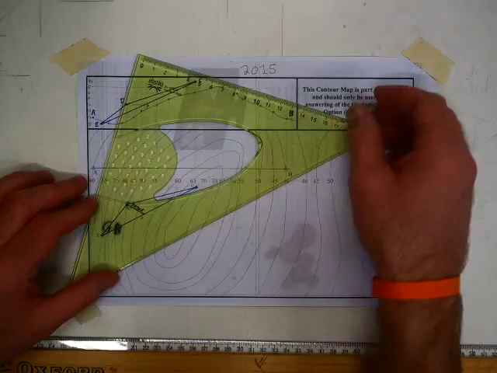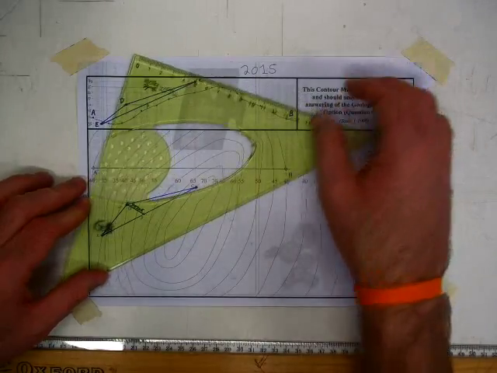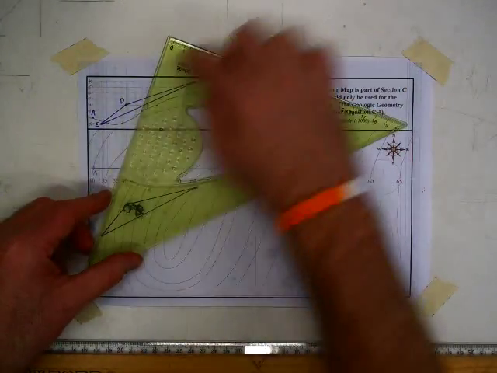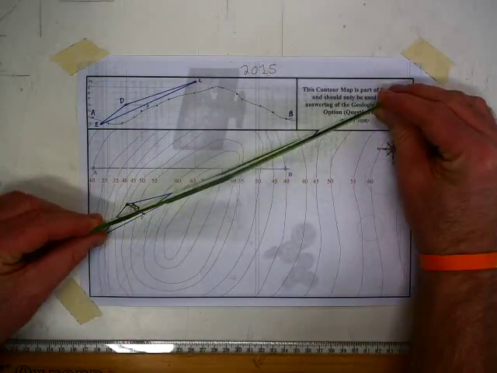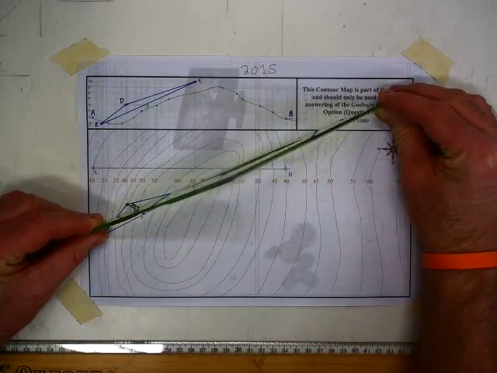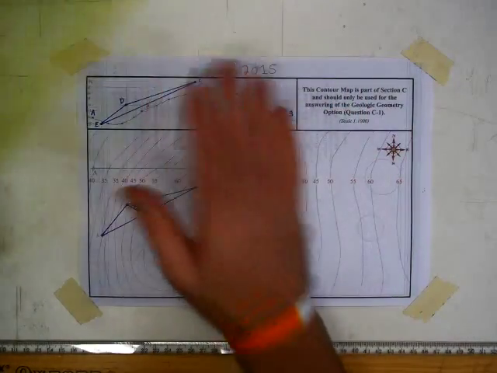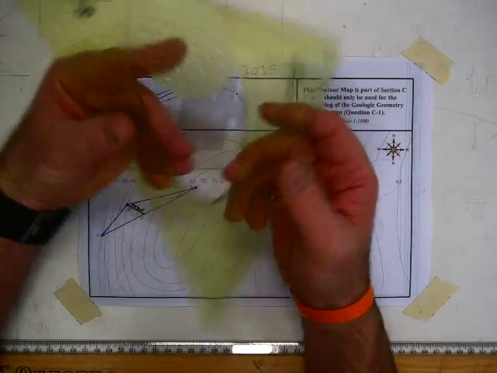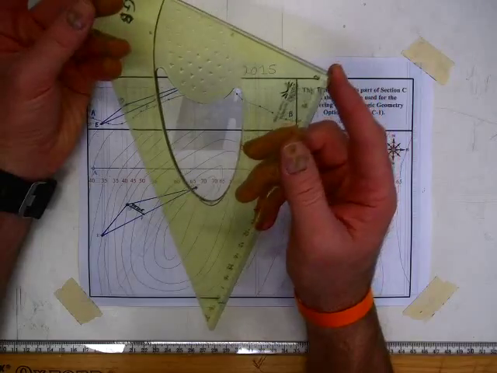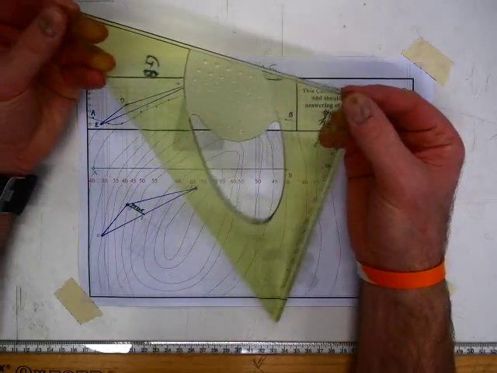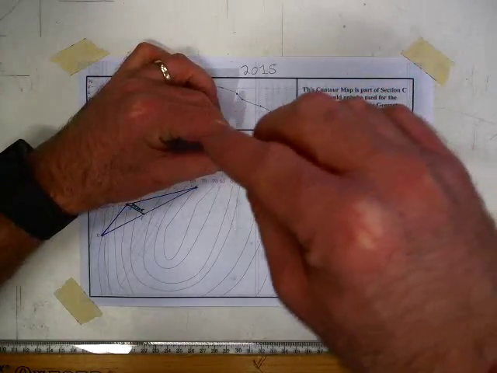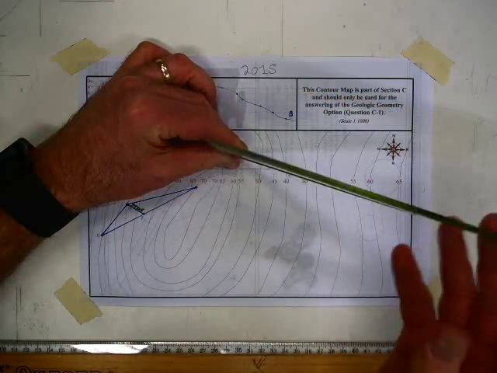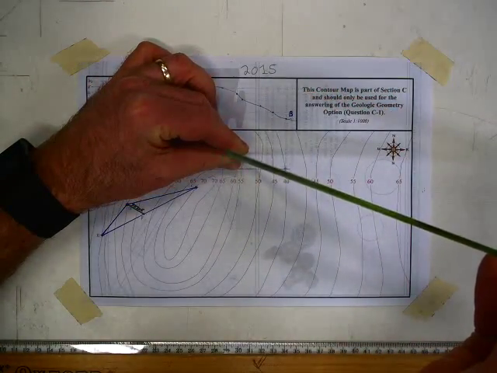To get the angle that makes with the ground, you have to get the plane, the surface of the stratum of ore, as an edge view or a line view. So we want to see it like that. Now, if we forget about this sheet for a minute, we just think about the set square. If I want to get an edge view of the set square, I take any line that's a true length. So I'll take this line, that's a true length there, because we know it is, right? If you were to look straight down along that line, what do you see the set square as? A line, right?